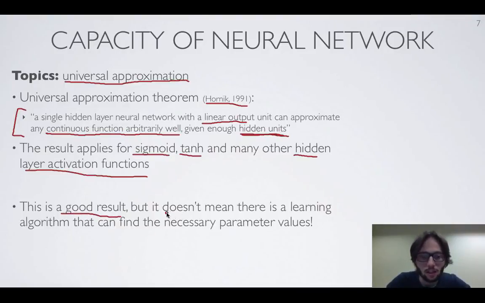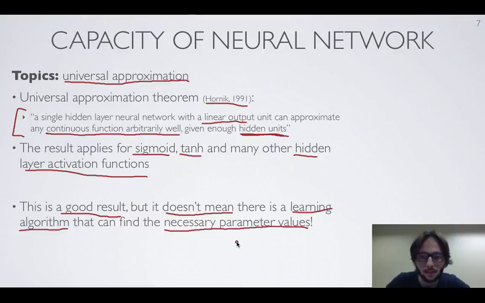Now notice that it doesn't mean that there is a learning algorithm, an algorithm that would find the parameters of all the units in the neural network that would allow us to model any function. In other words, there might exist values of the connection weights and biases for a neural network with enough hidden units that would allow us to model any function arbitrarily well, but it doesn't mean that we actually have the learning algorithm that will find the values of these connections and biases for any given function.